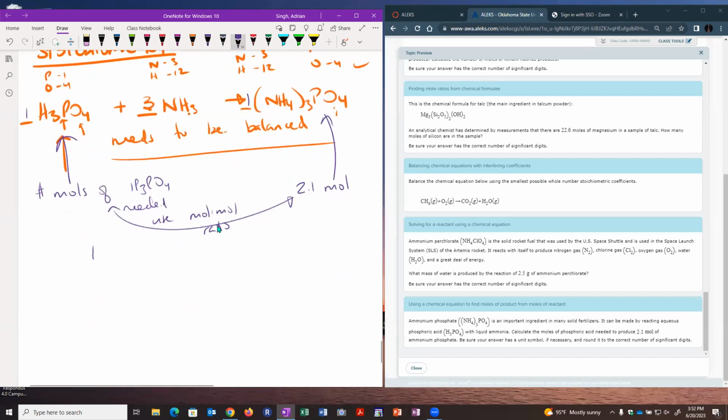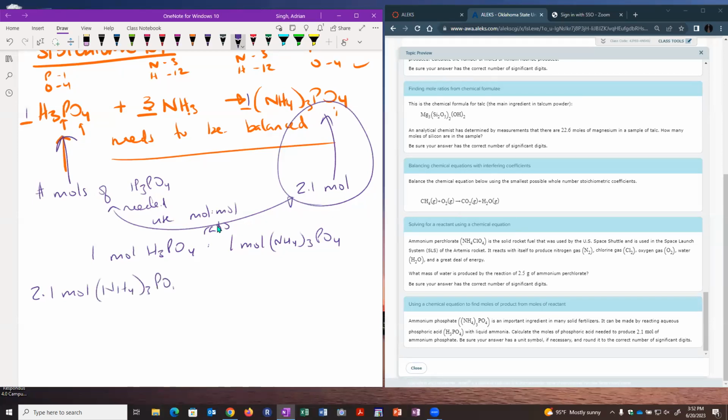So it's just 1 mole of H3PO4 for every 1 mole of the ammonium phosphate. I know how much of this I need to make, so I can start with that: 2.1 moles of (NH4)3PO4.